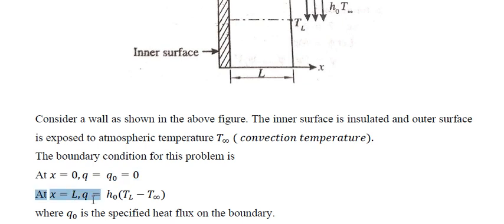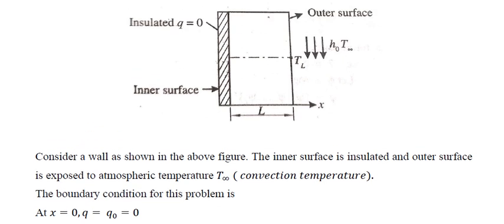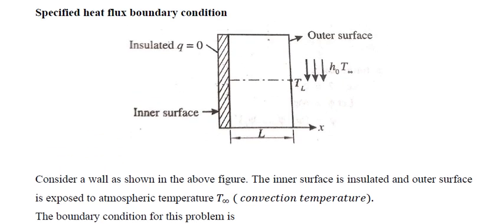At x equal to L, q is equal to H naught into TL minus T infinity, where q naught is the specified heat flux on the boundary. This is about the types of boundary conditions. If convection is given, that is known as the convective boundary condition. We will understand this while solving problems.